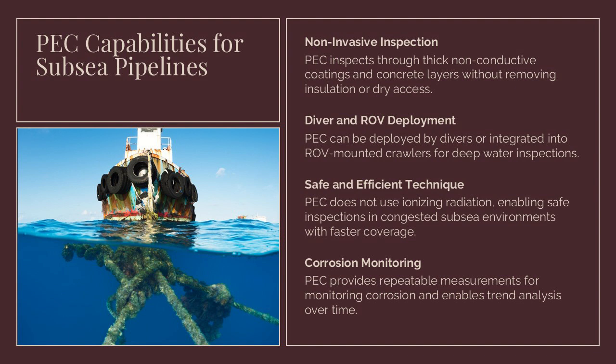The technique provides repeatable measurements suitable for corrosion monitoring and trend analysis over time. PEC is also inherently safe, as it does not involve ionizing radiation, making it easier to deploy in congested subsea fields. From an operational standpoint, PEC allows relatively fast coverage compared to radiography, making it suitable for long pipeline sections.